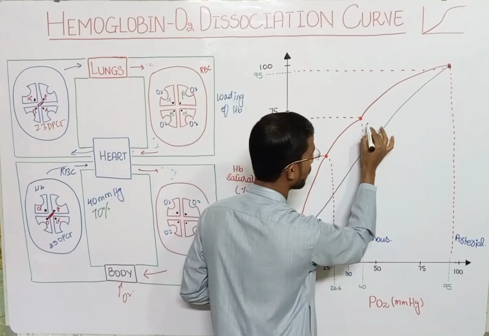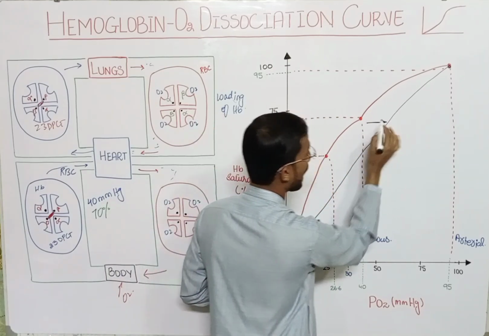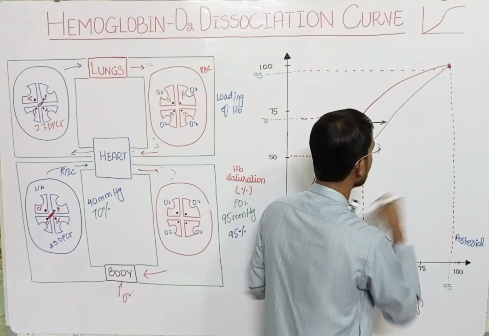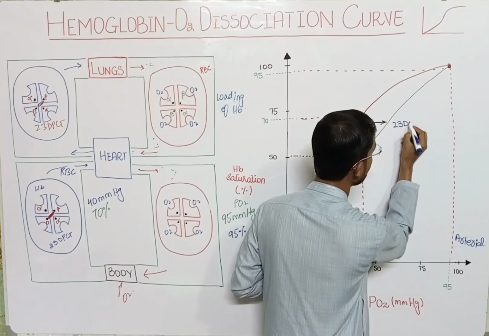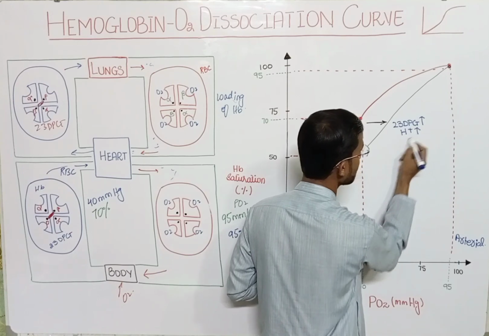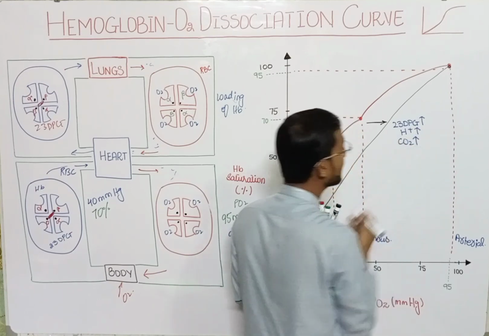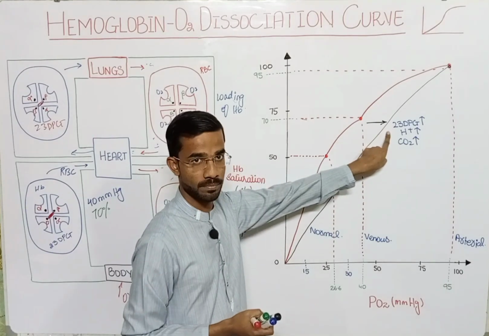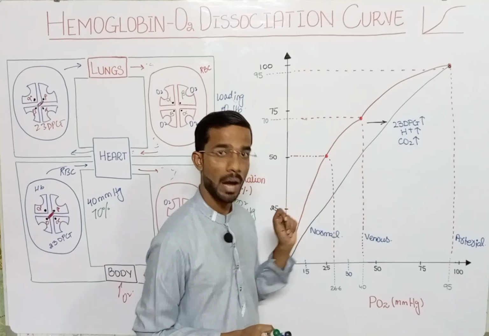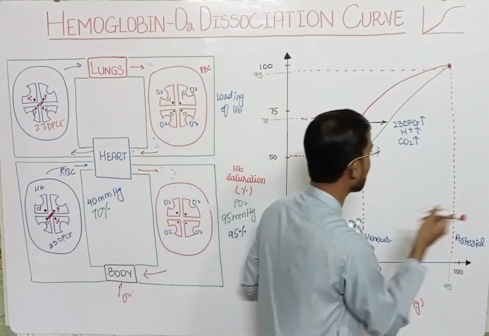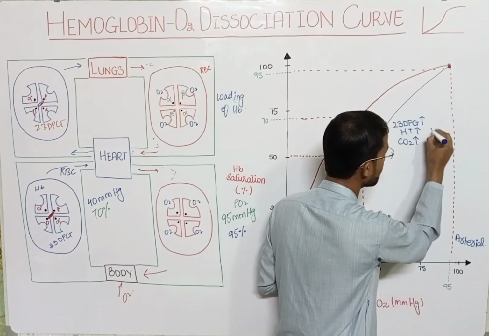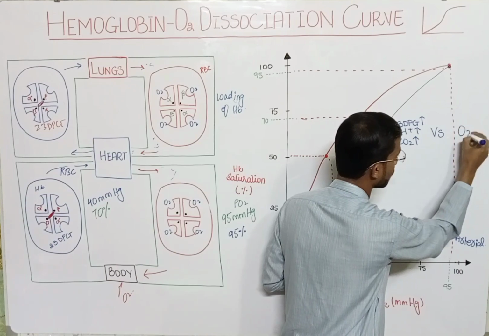When 2,3-DPG rises, when H+ increases, when carbon dioxide increases, when these three substances increase, then the curve moves toward the right side. How?